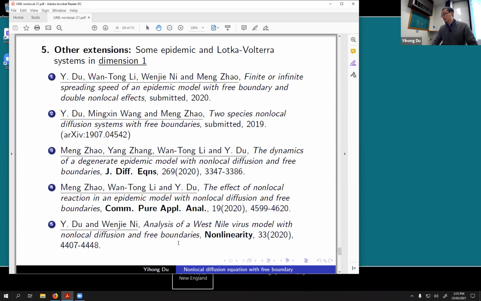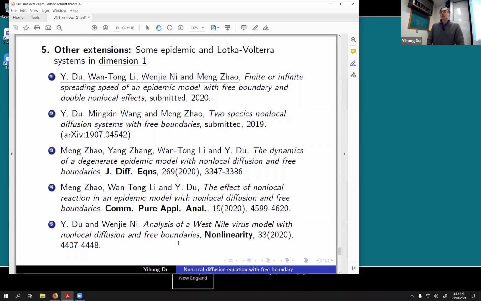That's not realistic. The most natural way to introduce this spatial variation is by considering that individuals of the species would disperse in space via random diffusion or now nonlocal diffusion.